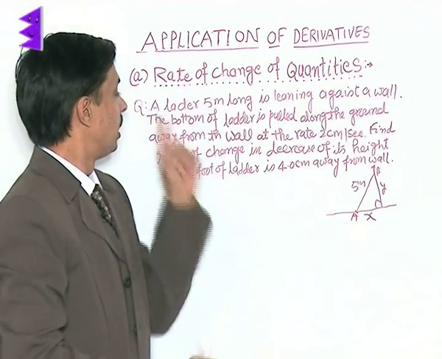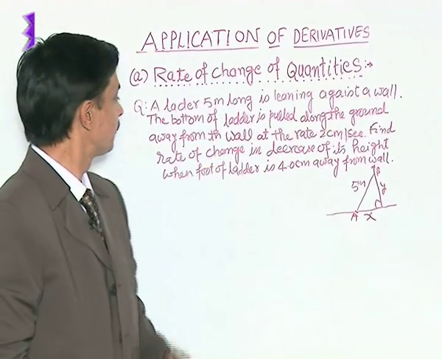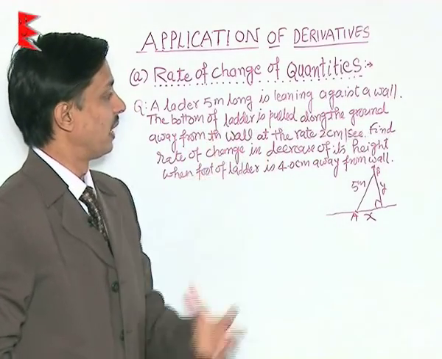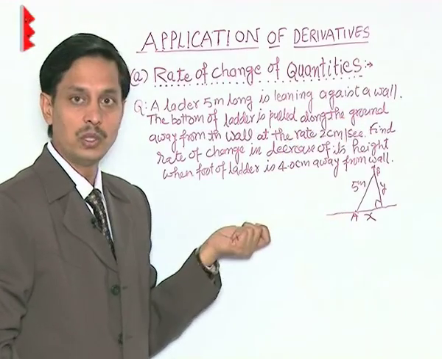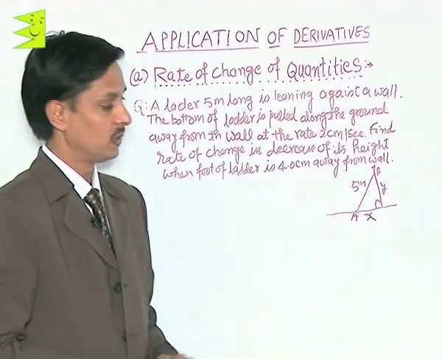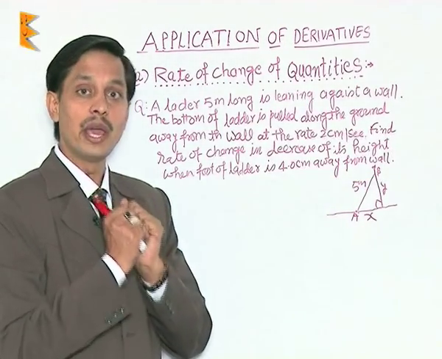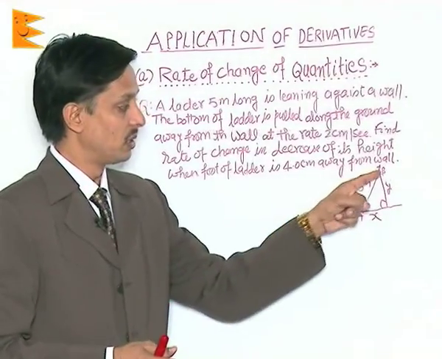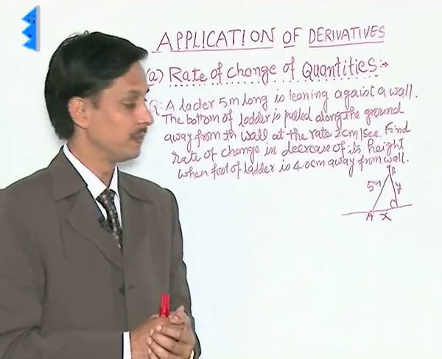The question says, a ladder 5 meter long is leaning against a wall. The bottom of the ladder is pulled along the ground, then what will change and what will not? Remember, the ladder may be pulled to any position. Its length will not change. It will remain 5 meter.